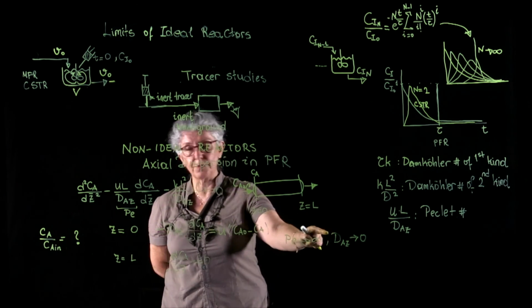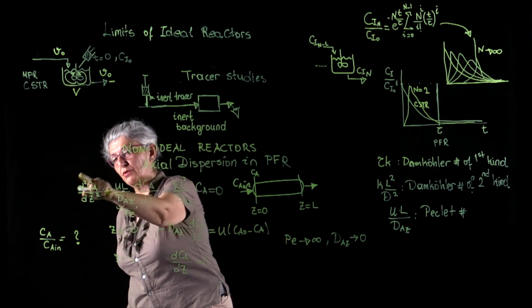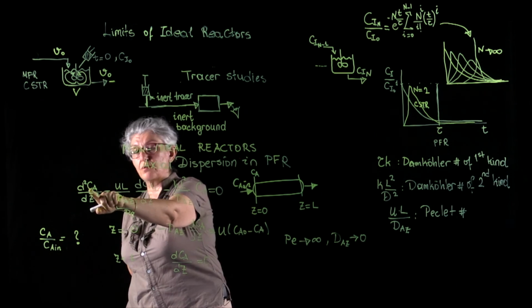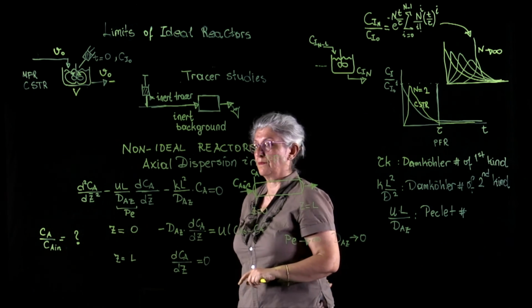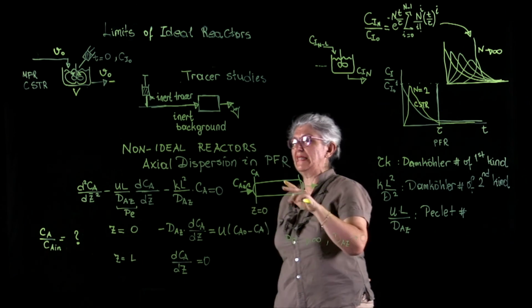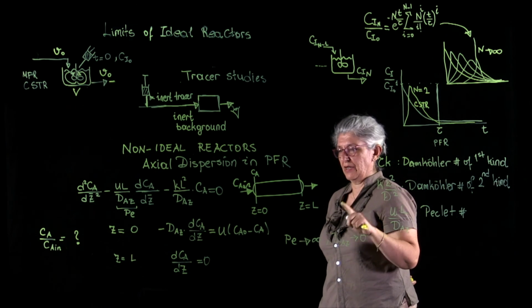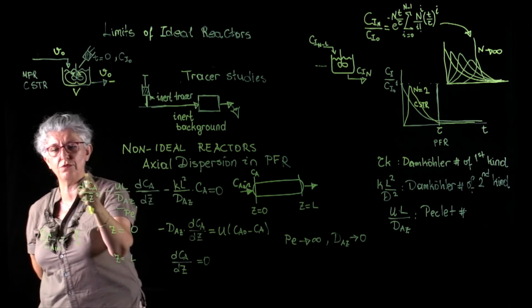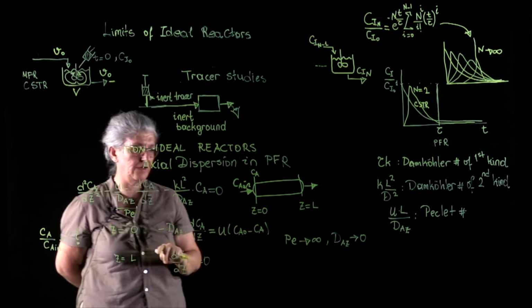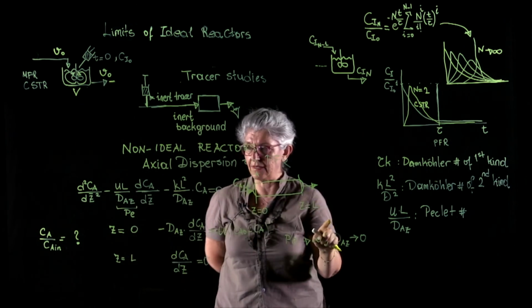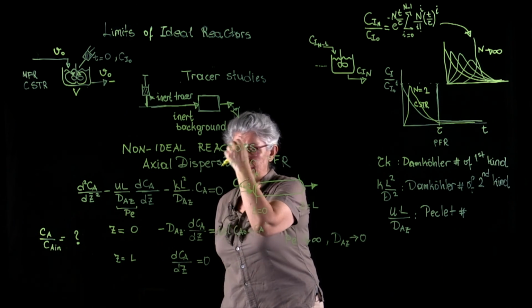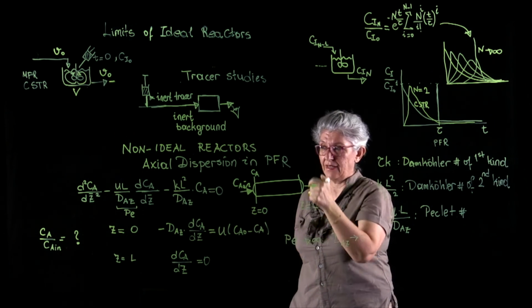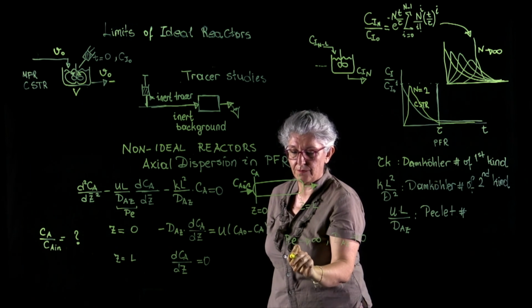When the axial dispersion coefficient is approaching 0, this term drops out from the initial non-dimensional form, you can deduce that the first term, this term, disappears. And as a result, our balance equation takes the following form.